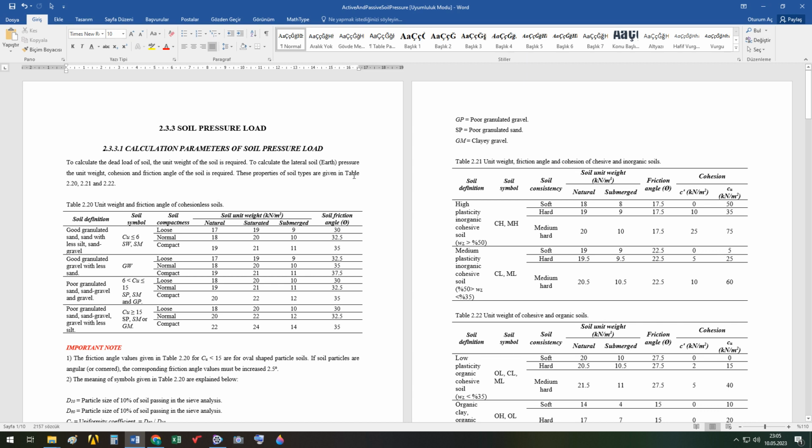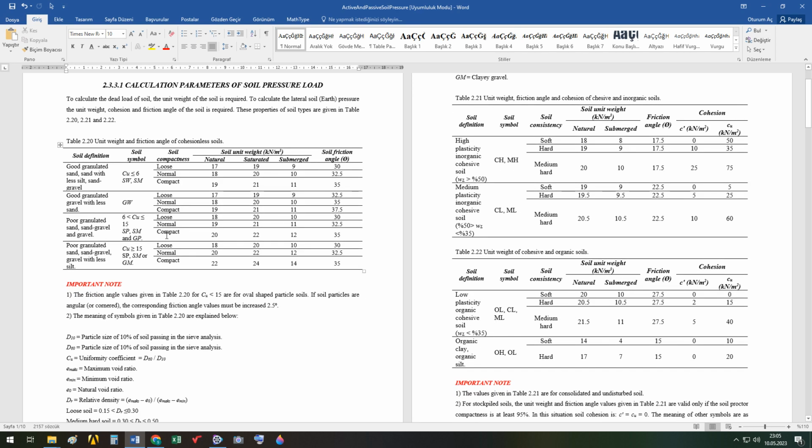These properties of soil types are given in tables 220, 221 and 222, which are taken from Turkish codes. But these tables constitute samples. As an example, these parameters are tabulated in local governmental or local country standards or codes. You will encounter such tables, and you will take the soil unit weight and other parameters such as cohesion and friction angle from those tables.